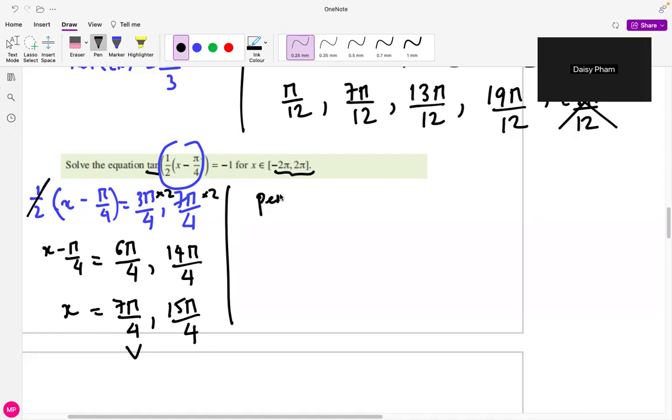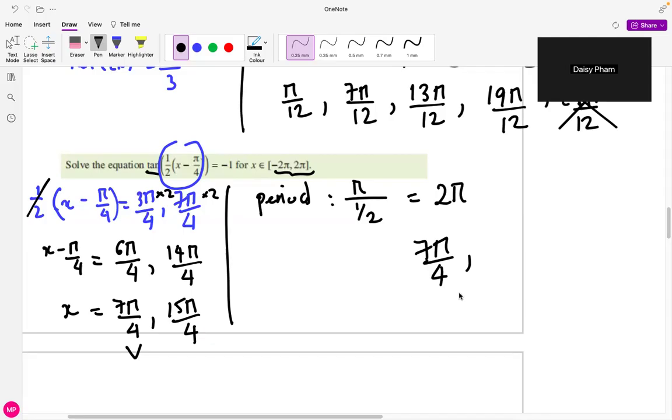So what we do is find a period and add a period or subtract a period. The period is π over n, and n is the number in front of x, as you can see here, which is a half. So π over a half, when you flip it over, becomes 2π. Okay, so we have 7π/4 as one of our solutions.